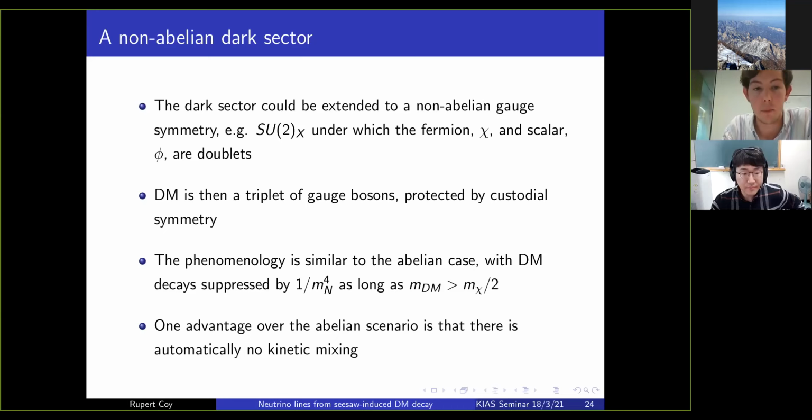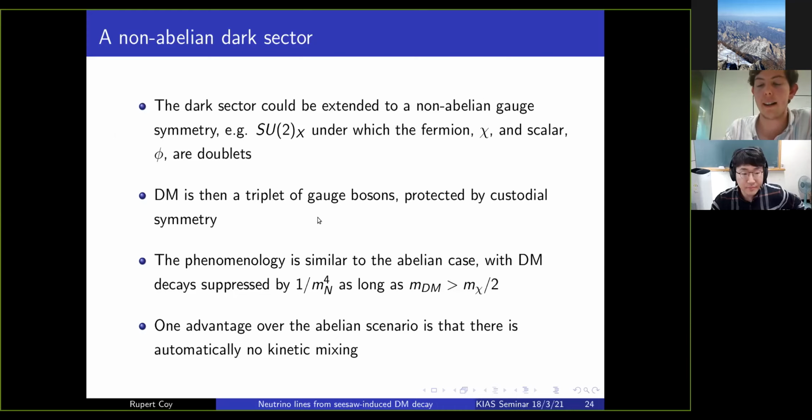In this case, they're doublets in the simplest realization, and the dark matter is again gauge bosons, but this time it's a triplet, and it's protected by custodial symmetry. And this by itself is the hidden vector dark matter model of Thomas, which I referenced in one of the early slides. Now if you introduce seesaw physics to explain neutrino masses and to destabilize this dark matter, you have very much the same story. Still dark matter is suppressed by 1 on Mn to the 4th. Basically, the only thing that changes is SU2 factors.